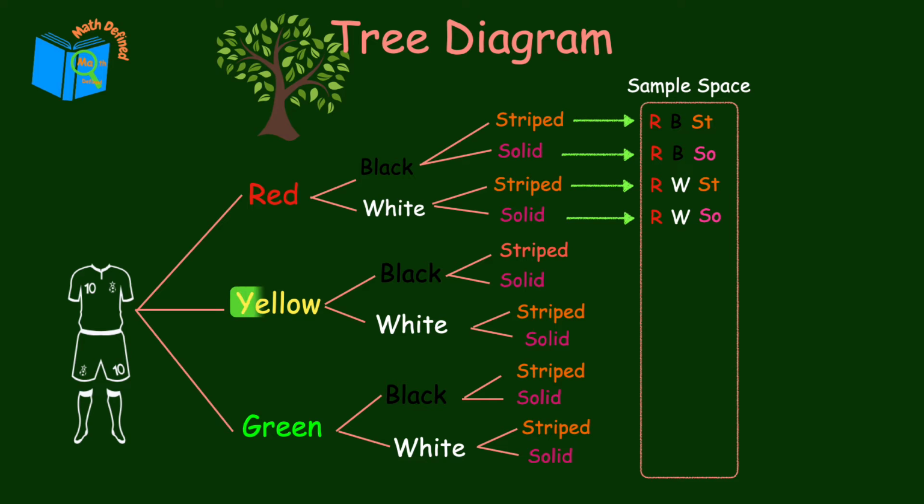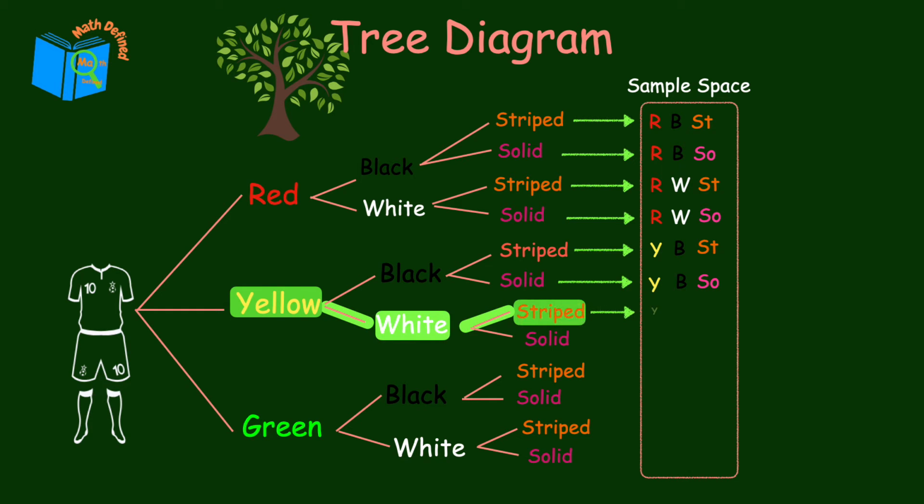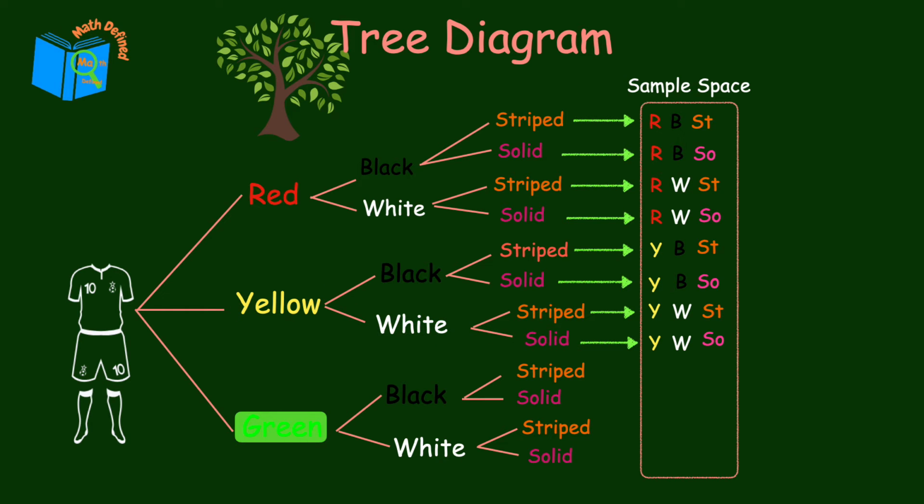Let's do the same for the yellow shirt. Yellow shirt, black shorts, and striped socks. Yellow shirt, black shorts with solid socks. Yellow shirt, white shorts, and striped socks. And a yellow shirt, white shorts with solid socks. You're doing awesome so far. Now let's finish up with the green shirt combinations. Green shirt, black shorts, striped socks.